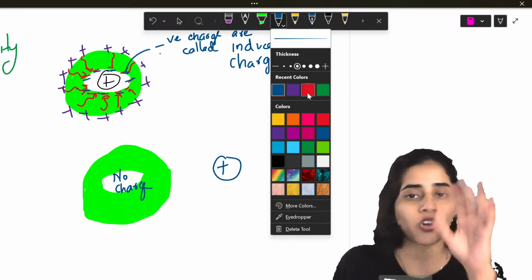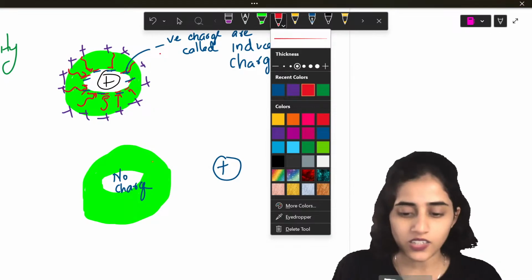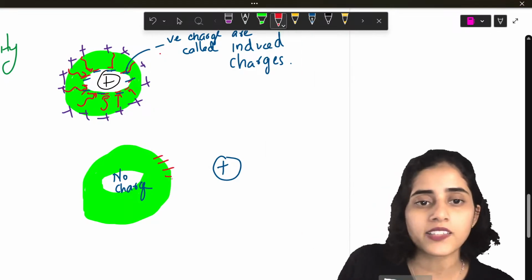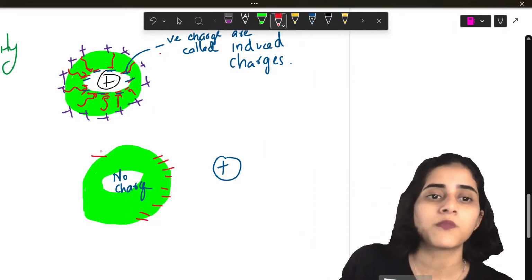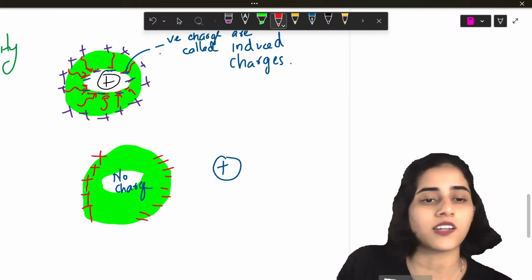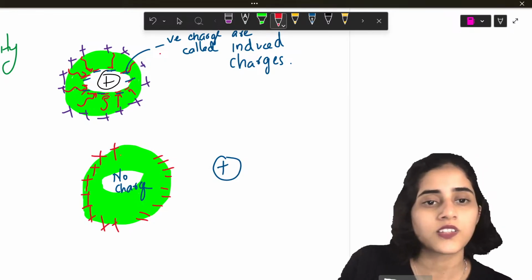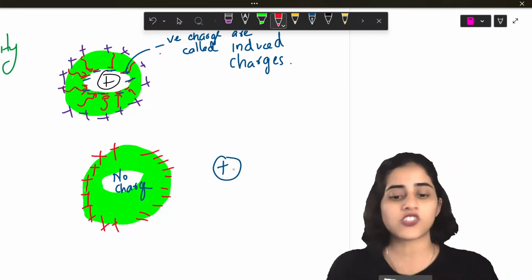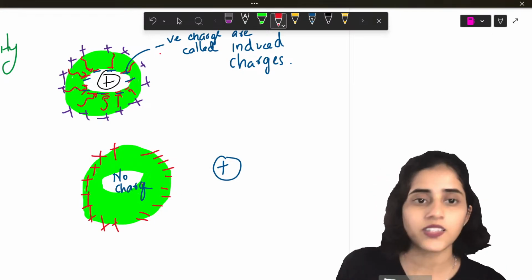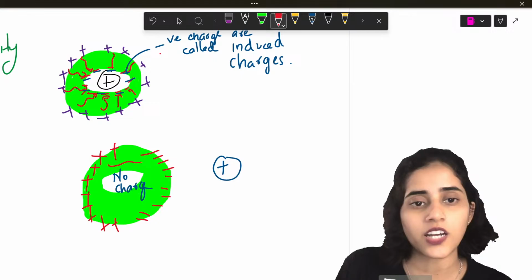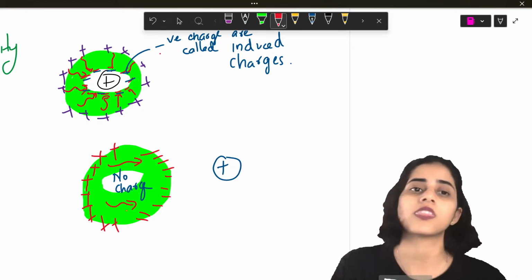So now what happens? On the conductor, the charges rearrange and all the negative charges come to this side. Positive charges stay on the other side. This happens because there is an extra positive charge. So all the negative charges flow to this side.